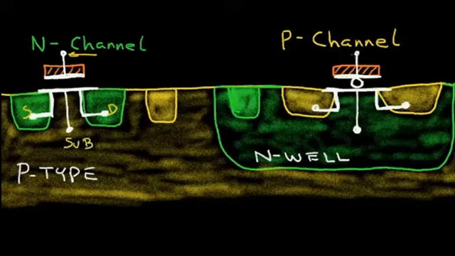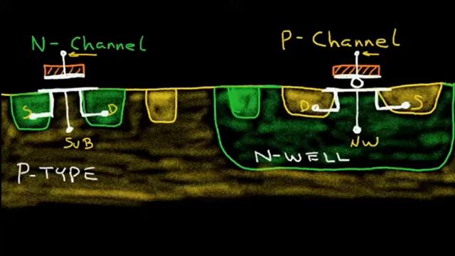Over on the P channel, this symbol is virtually the same, except I have a little bubble to denote that the voltages are inverted from the N channel case. So here we have the gate. We can call this the source, this the drain, and this is the N-well connection.